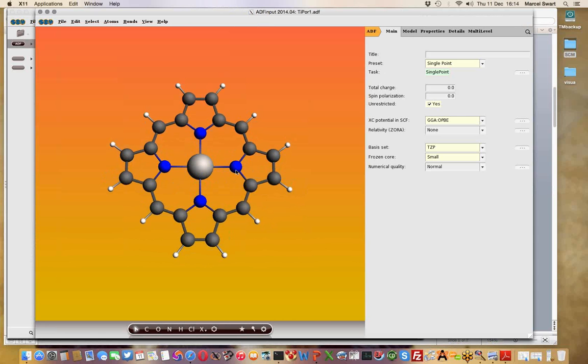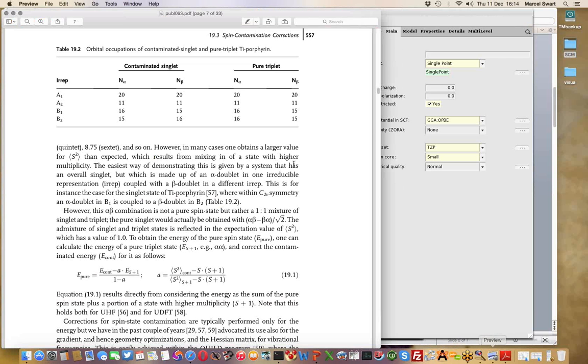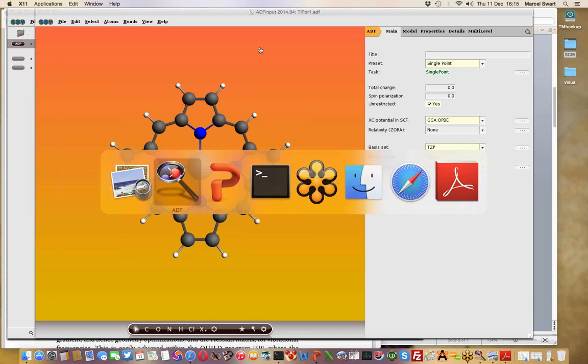You can actually have that the occupations of the orbitals are not correctly according to a pure spin state. This is something we described in 2010 in a book chapter about spin states. But for instance, in this case, you have a titanium porphyrin, the system shown here.